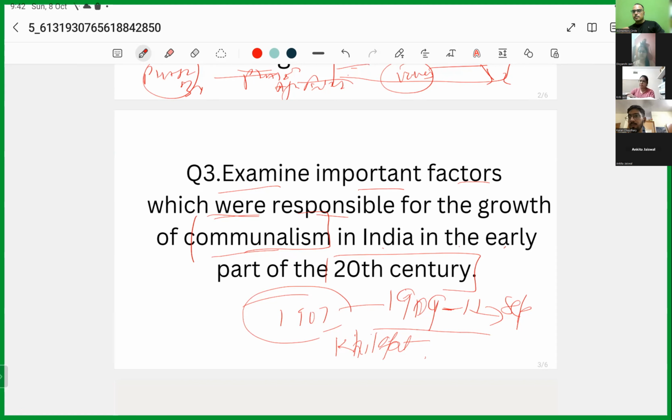Put one line, then don't write pointers above. Factors responsible for growth of communalism as one point, then don't write enumerate, do everything right there. Anyway, you can write factors; sometimes when we write factors we can interrelate the things better, and we do not forget.